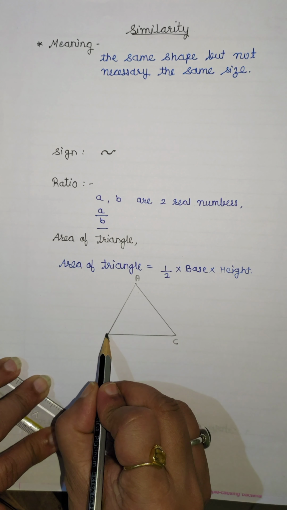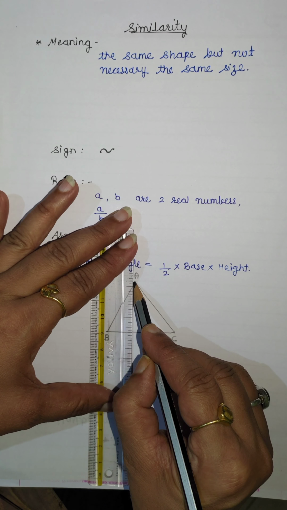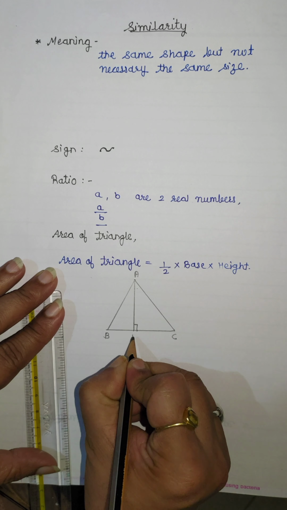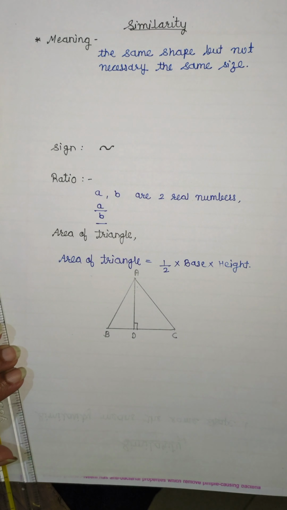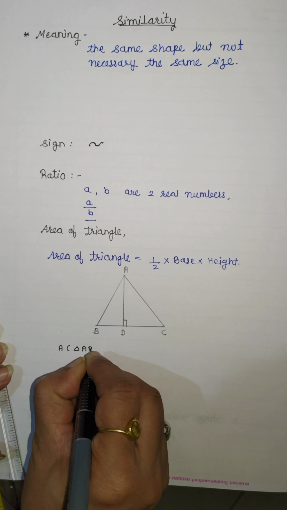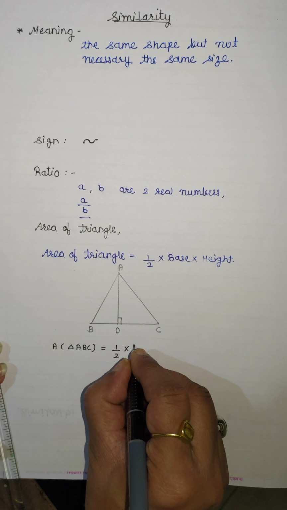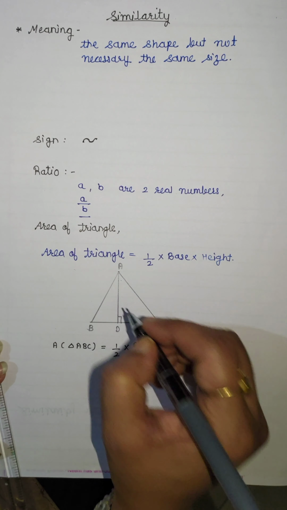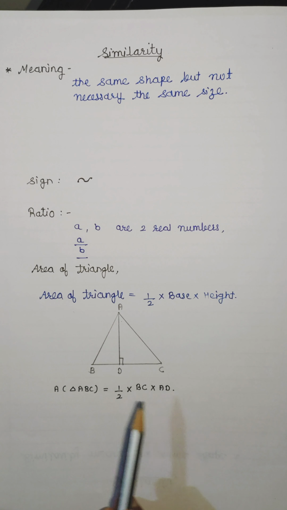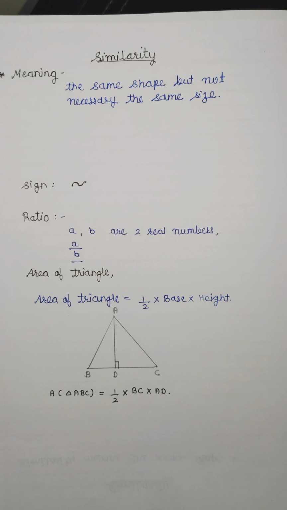In this triangle, side BC is the base, and I will draw one altitude from point A, that will be the height of this triangle. Suppose this point is D. Then AD is the height of this triangle. Then we will write area of triangle ABC is equal to 1 upon 2, here base is side BC, so BC, and height is side AD, so AD. We can also read it as area of triangle ABC is equal to half into base into height.